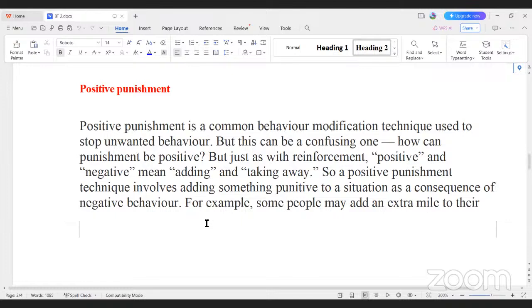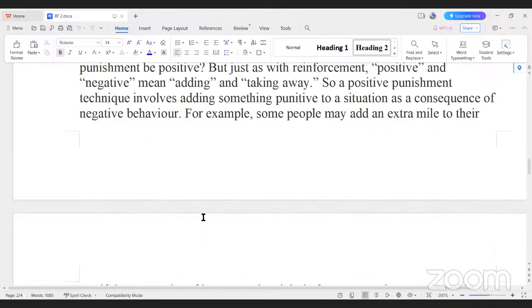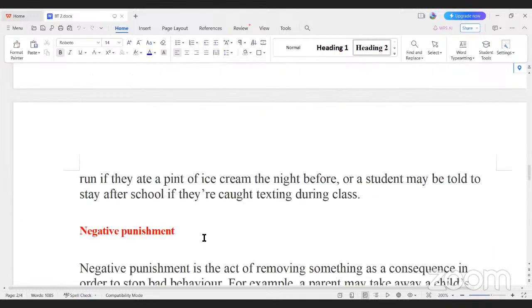For example, some people may add an extra mile to their run if they ate a pint of ice cream the night before. See, this is a positive punishment. Suppose yesterday night the person ate more ice cream. But eating more ice cream is not a good thing, no?